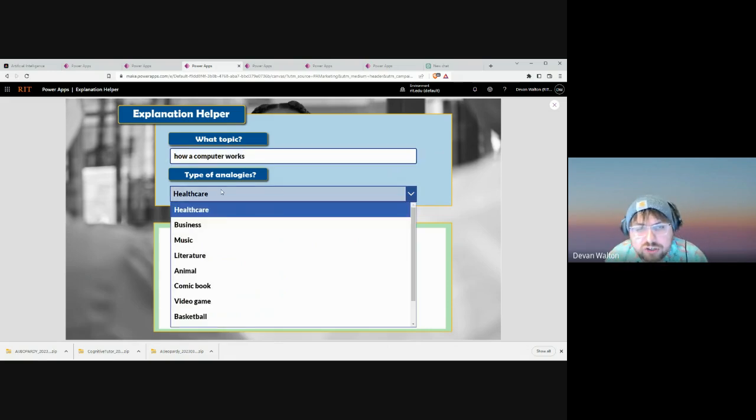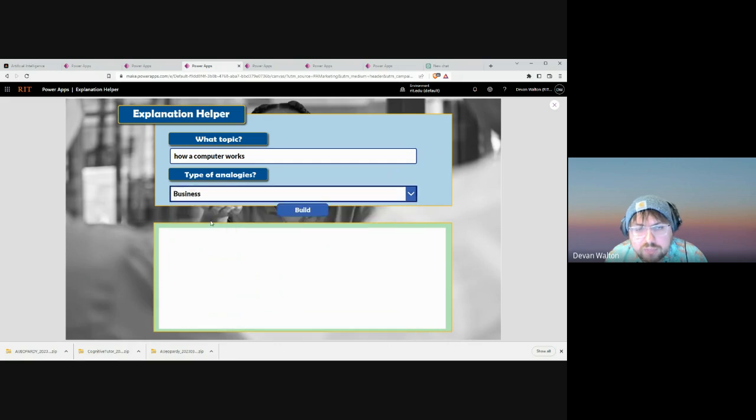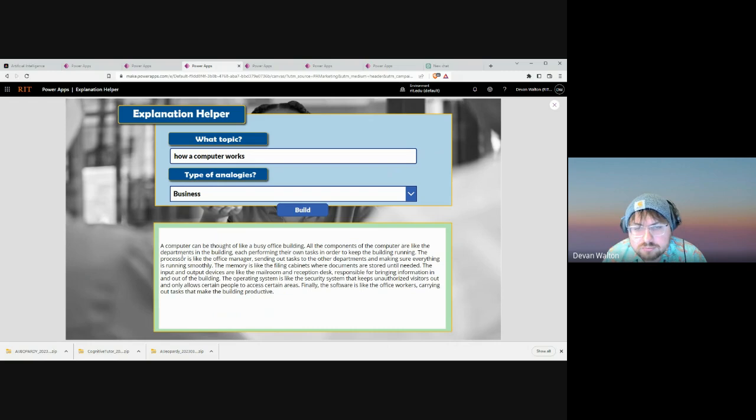And let's say we want to do it through, try business analogies and see what it gives us. So as you can see here, it has generated some sort of explanation or analogy for understanding how a computer works through the lens of business or organizational studies.